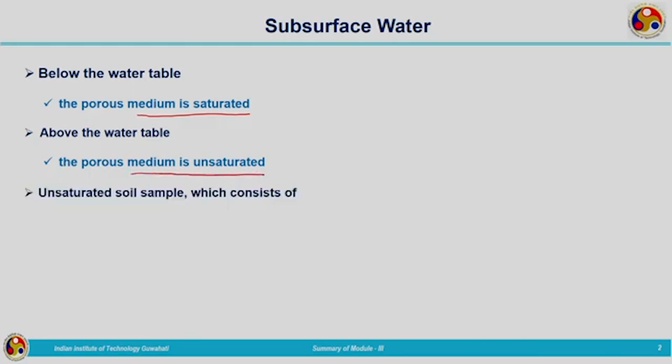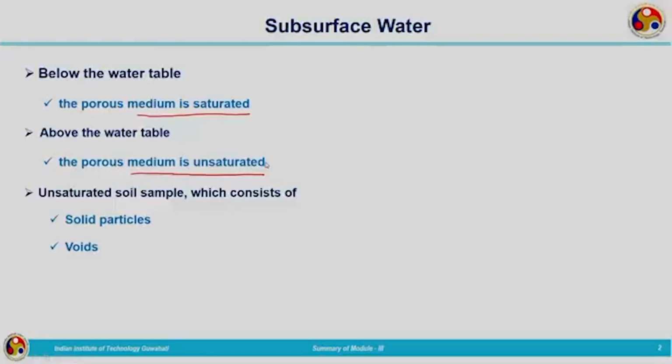If you consider an unsaturated soil sample, in addition to soil, there are many voids present within the sample. These voids can be filled by water or by air. If the voids in the soil are fully filled with water, then we call it saturated soil.